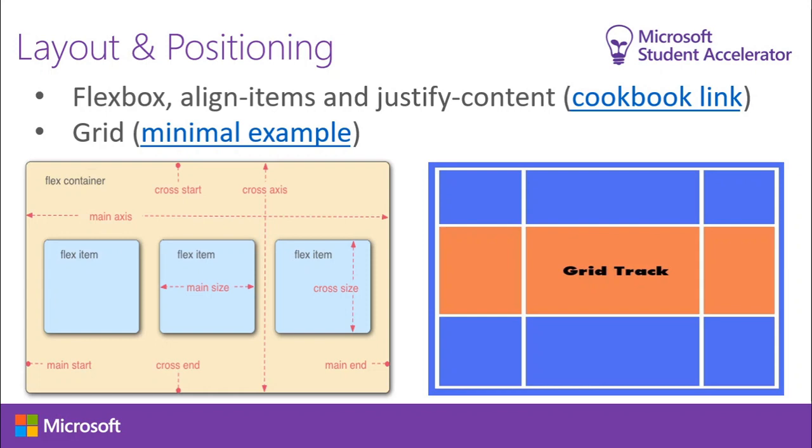So a rule of thumb is, if you want to control the space distribution on row only, then use flexbox. But if you want to do that on both your row and column, use grid.